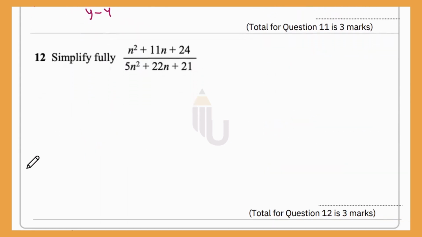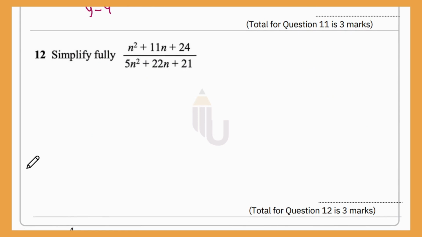Now here once again we have quadratic over quadratic. The top one is easy because we have to just think of two numbers, so that will be 8 and 3. While in the bottom one we have to think of getting the middle term in such a way so that the factors are 5 and 21. Okay, or we can break it down further: 5, 3, 7. So 15 and 7 can give me 22.